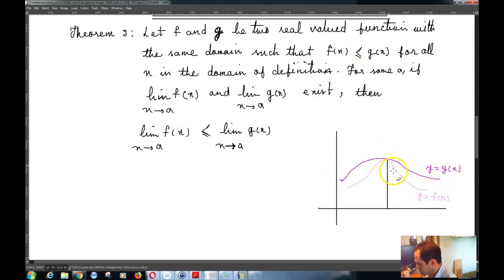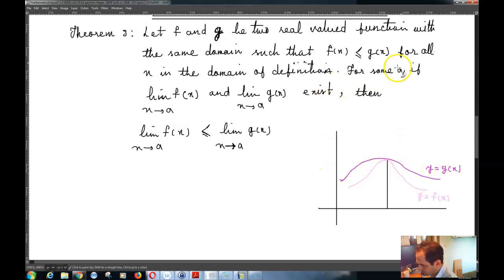You can see what happens here. For example, at this point, f of x and g of x have the same value. Otherwise, there is no point where the value of f of x is greater than the value of g of x.